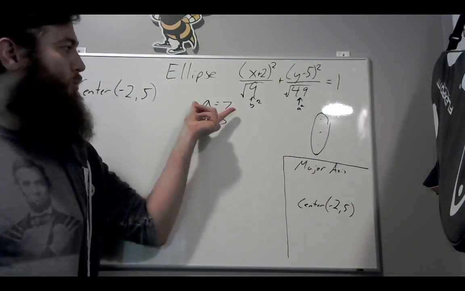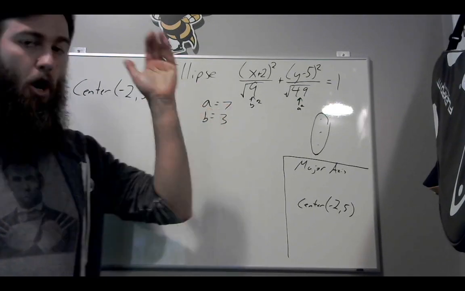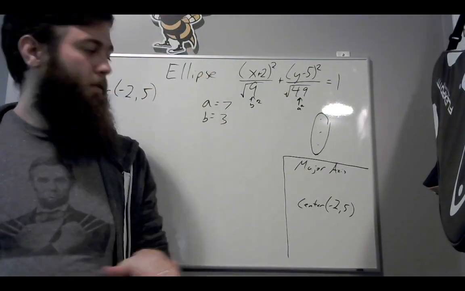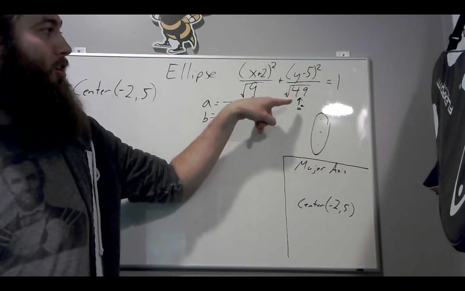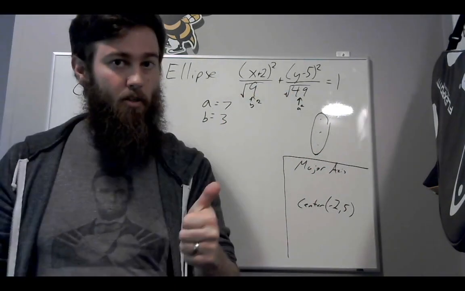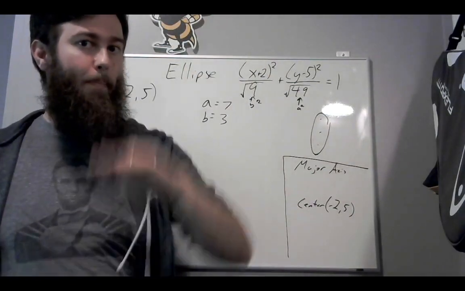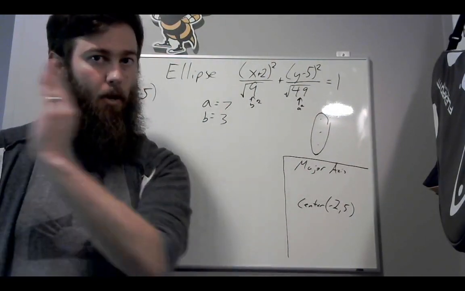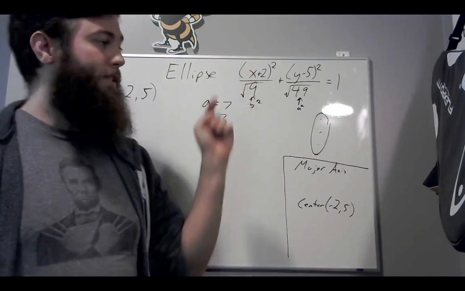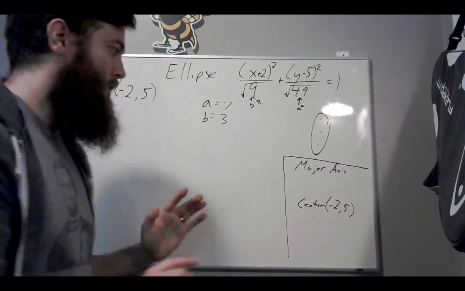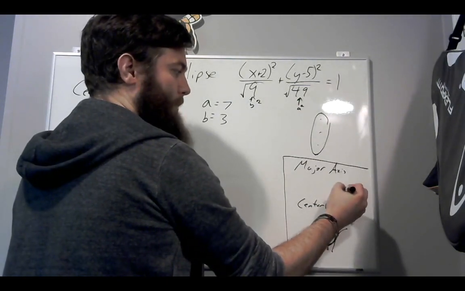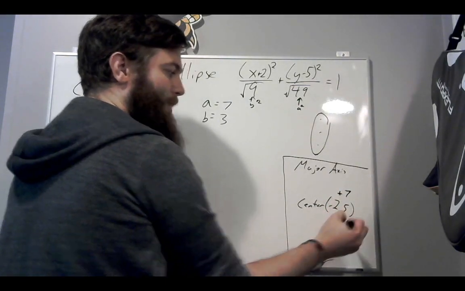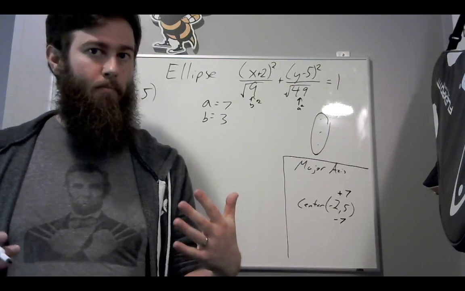Then I'm going to be using this a value to go up and down from this center. So because again, we know this is a vertical one, that means my major and my focus are going to be going up and down. My minor is going to be going left and right because my minor is under my x. So using this 7, that means I need to be going up 7 and I need to be going down 7 from my center.